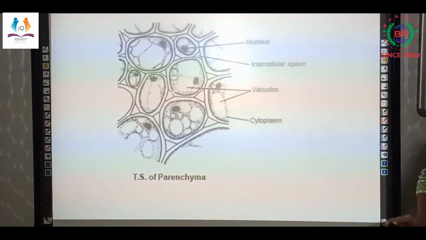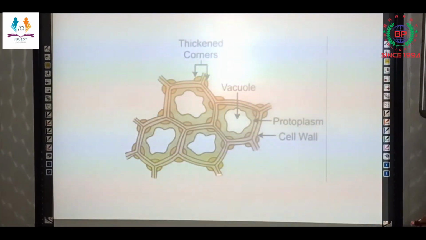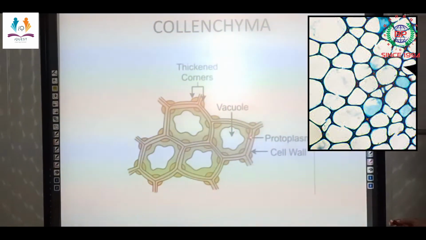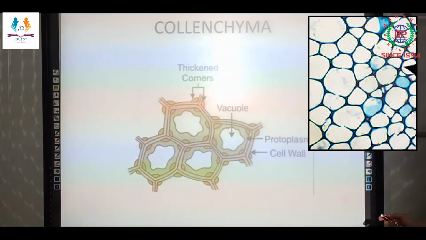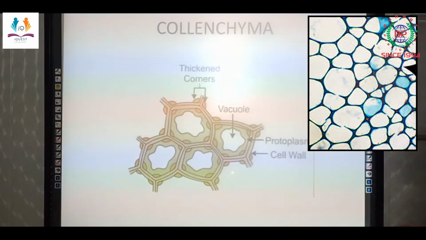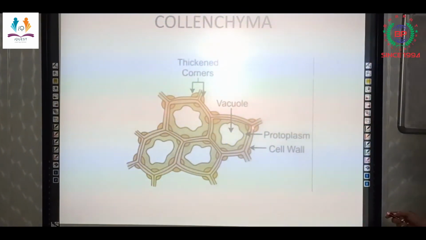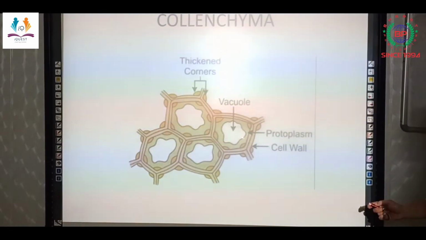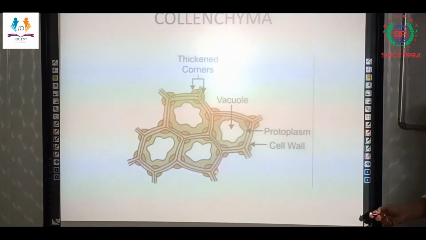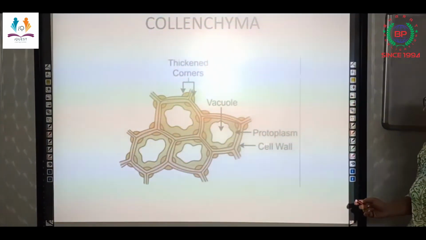Next one is the collenchyma. Now this is the structure of the TS section of the collenchyma. You can see that there is no space present between these cells. These are also living cells and have protoplasm present within them. Parenchyma was also living and this collenchyma is also a living cell with protoplasm.